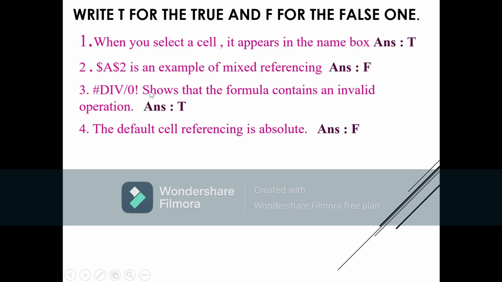What does hash div slash zero exclamation show? Yes, it contains an invalid operation. Then fourth, the default cell referencing is absolute. No, it's wrong. The content is wrong, that's false.